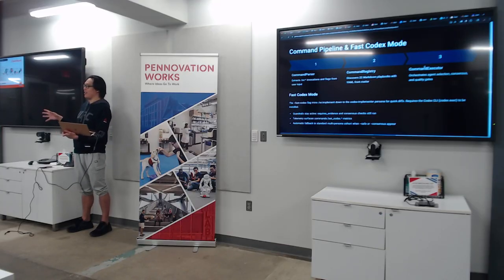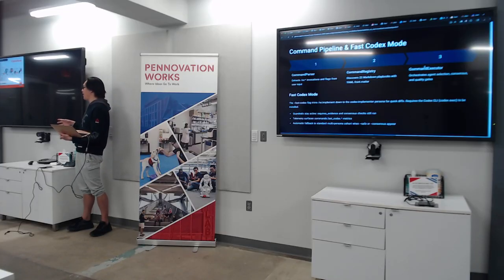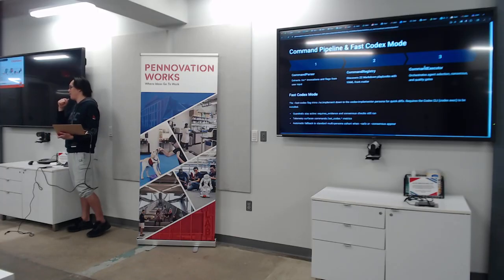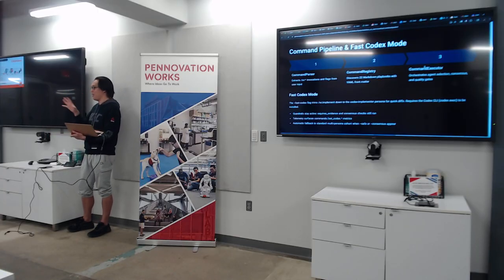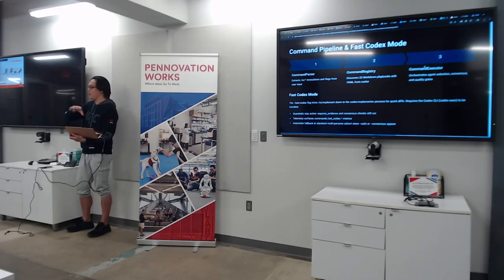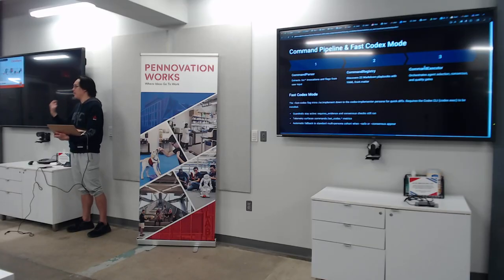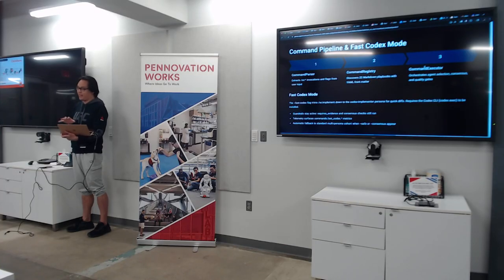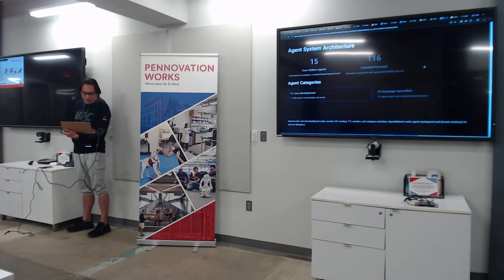The differentiating thing here is that Codex is not actually great at planning. It doesn't really brainstorm well for different things. So this is what I'm trying to integrate: Claude Code will handle all these commands, come up with a good plan, and then use Codex to implement it and solve it. So this is a sample use case of the command pipeline, slash command to the fast Codex code.